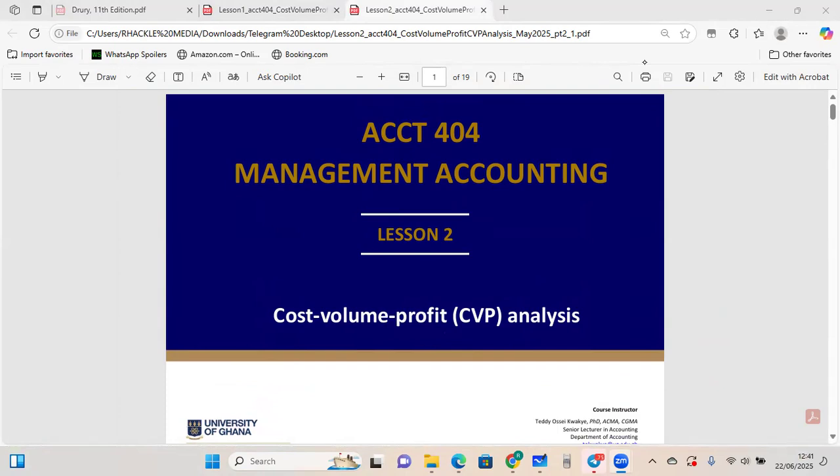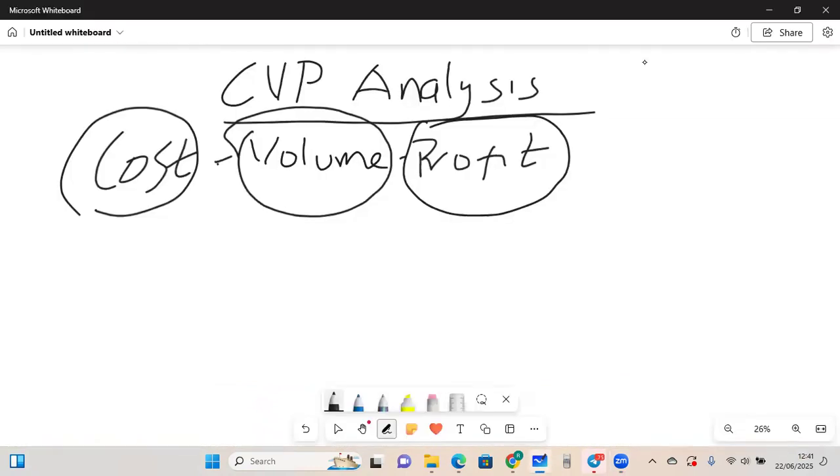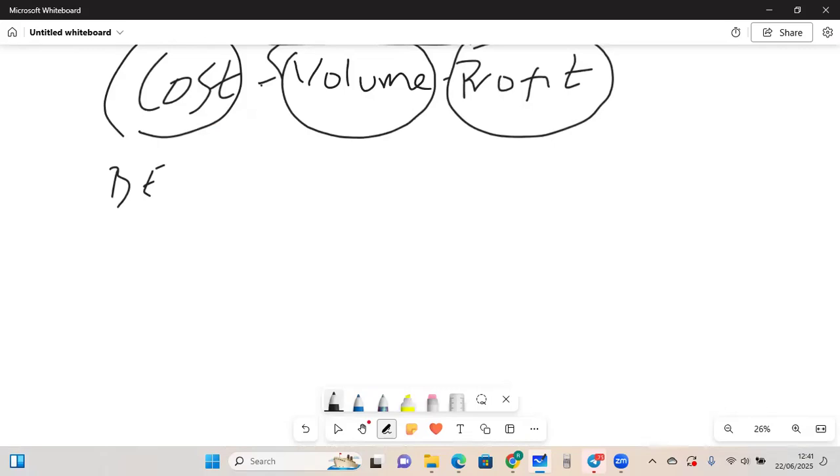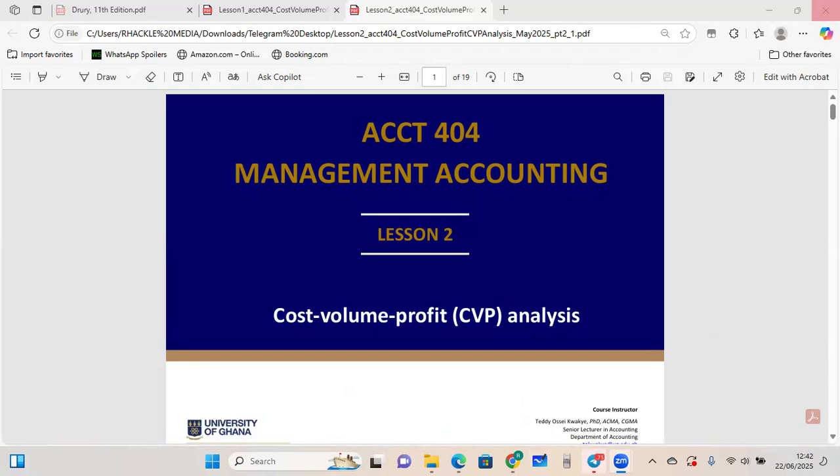So for CVP analysis, we are actually going to look for break-even point either in units or in sales.